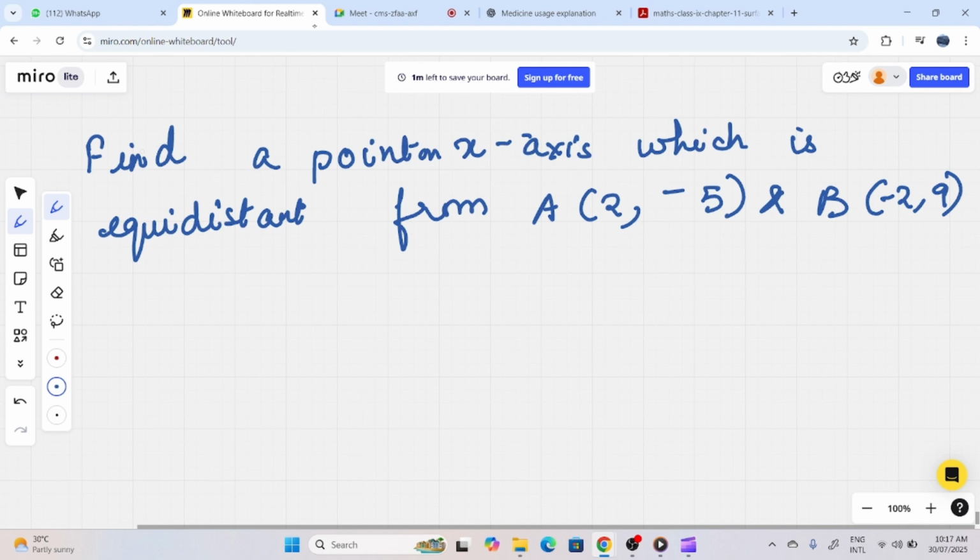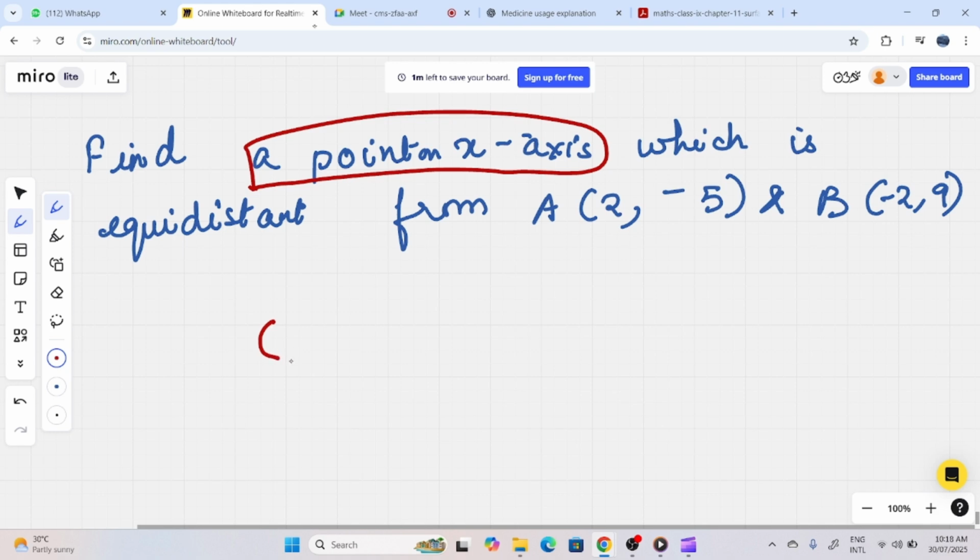Can you go to the formula again? What is the formula? Find a point on the x-axis. Oh, this also has got something. See, kids, when you're reading the question, the point is on the x-axis. When a point is on the x-axis, what will be the coordinate?